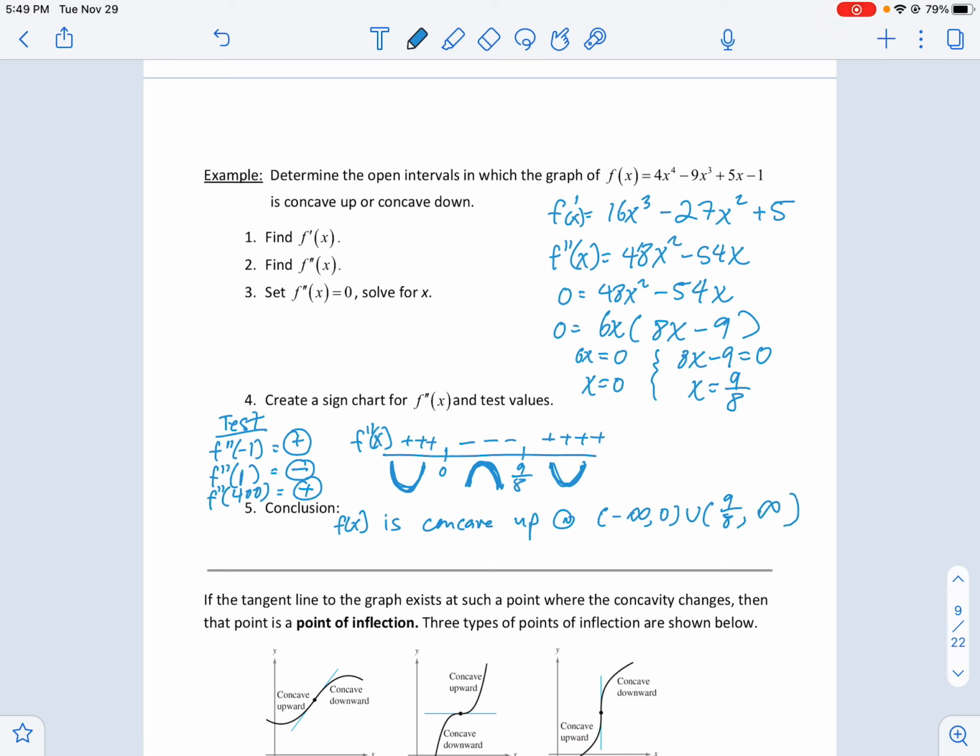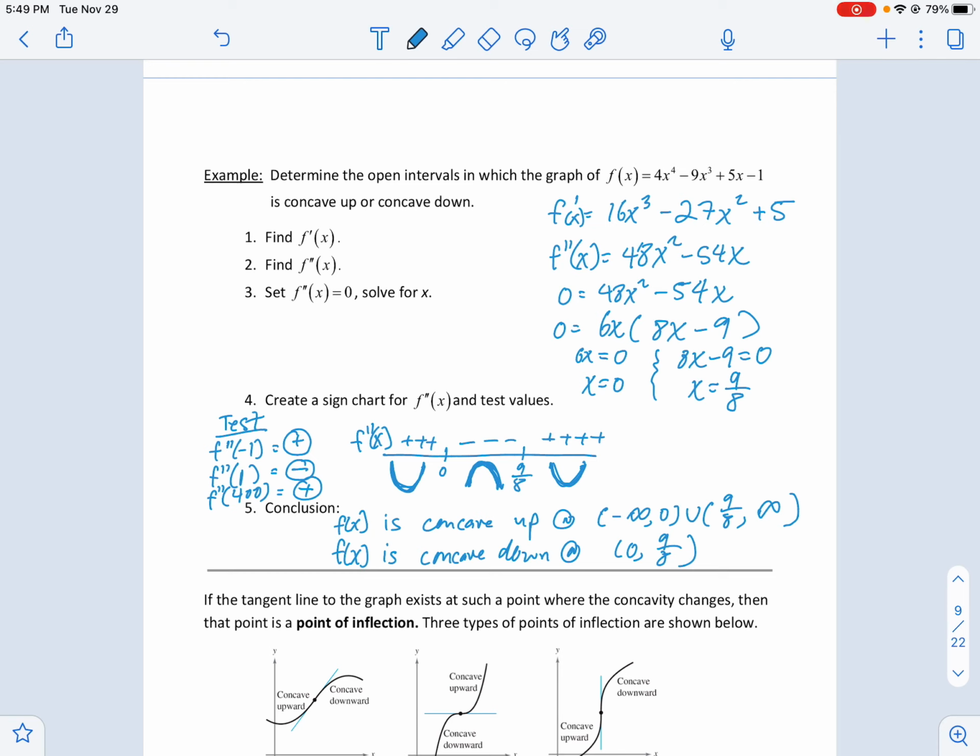We'll put that U as a union. Second conclusion that we know is that the original f of x function is concave down at the interval 0 to 9/8.